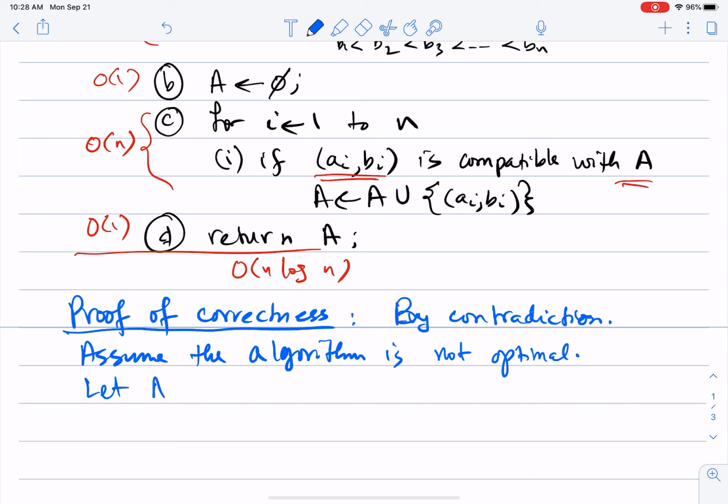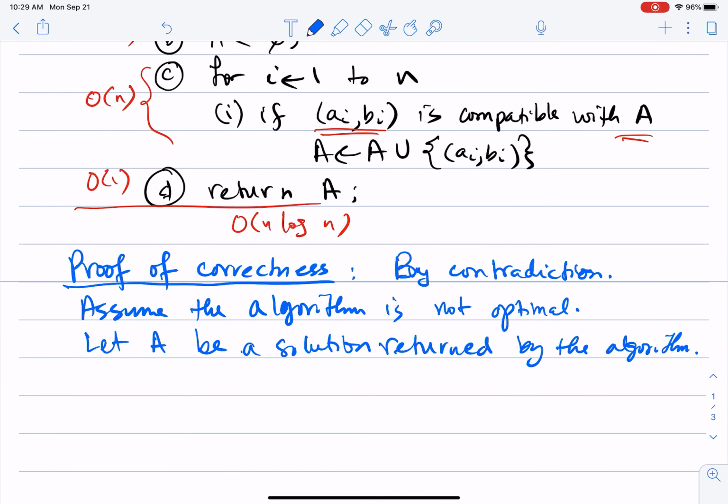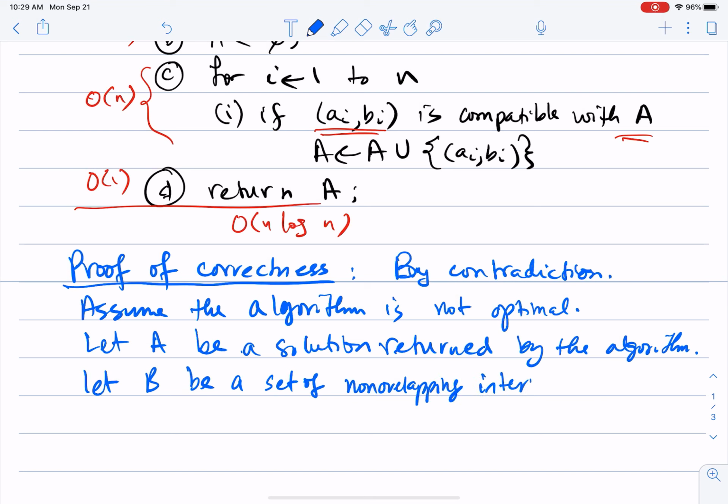And let A be a solution returned by the algorithm, so A is the set of intervals returned by the algorithm. Since we are claiming it is not optimal, let B be a set of non-overlapping intervals such that the size of B is greater than the size of A.